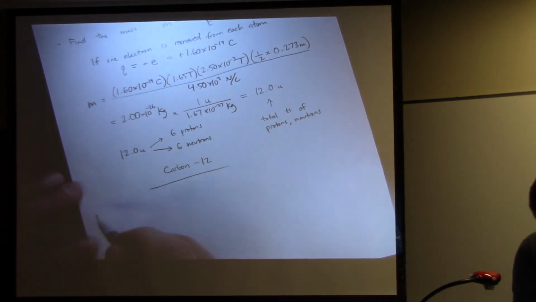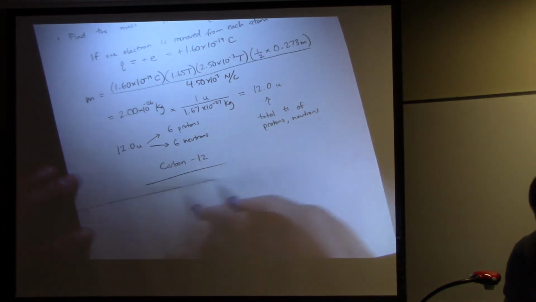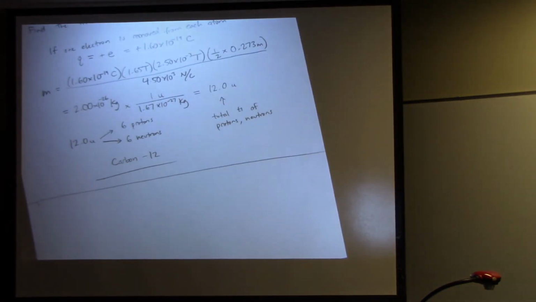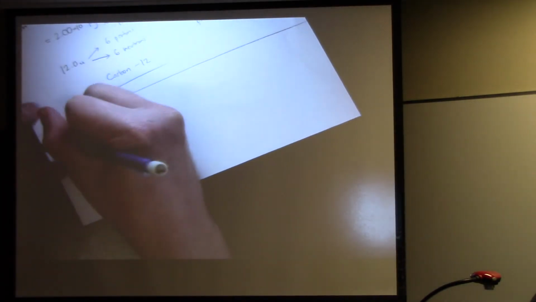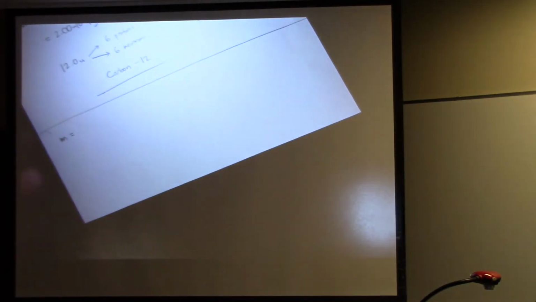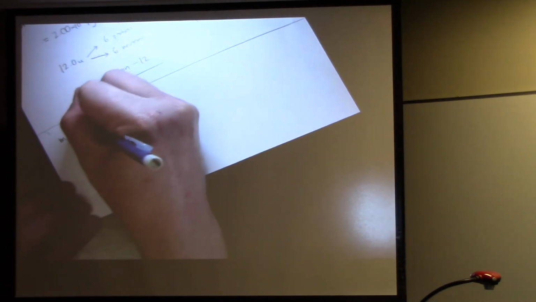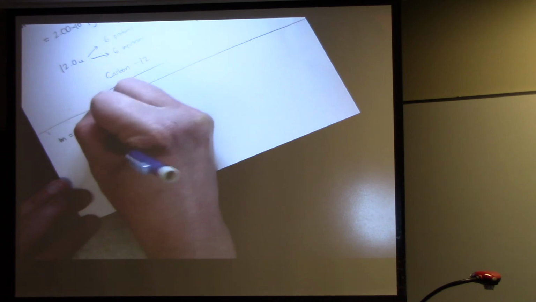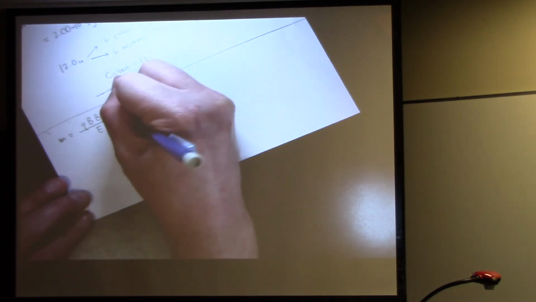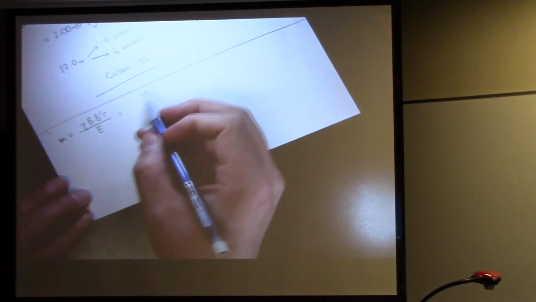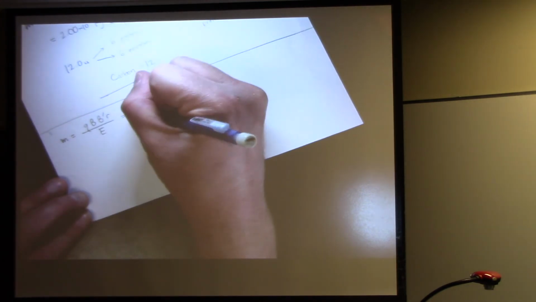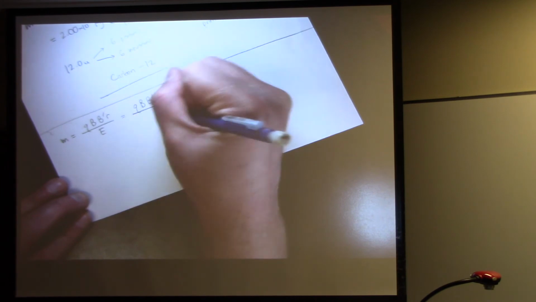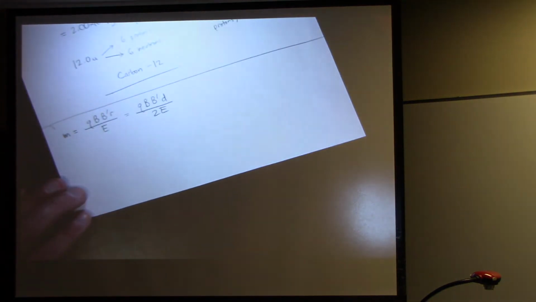Okay, so to continue on our previous work, let me just write the formula we derived, where the mass that we're detecting is Q times B prime times R divided by E. And then let's just sub in for the radius, diameter over 2: Q times B prime times diameter over 2E.